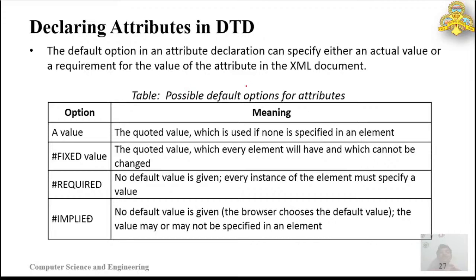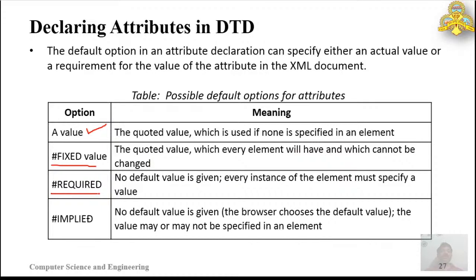For the default options: if the default option is just a quoted value, then it is used if nothing is specified within the element. If I use FIXED, then it's always the same value, which cannot be changed in the XML file.